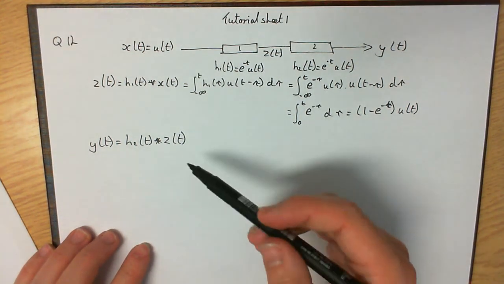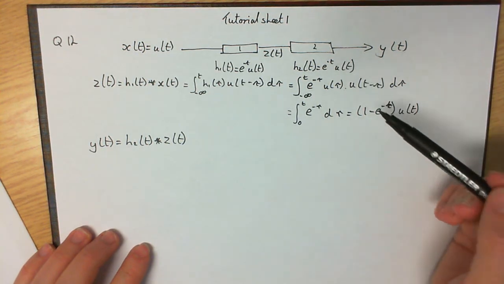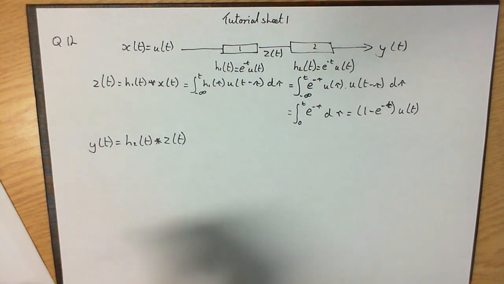We don't really have any choice here. We've got exponentials in both formulas, so we're going to have to flip one of these.